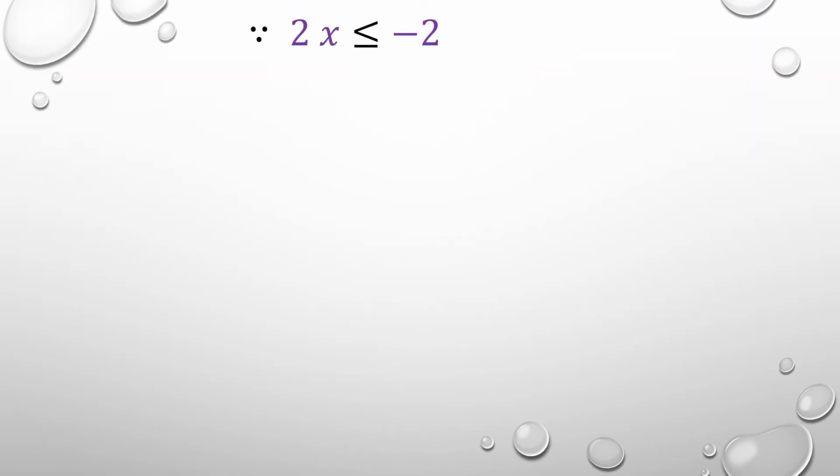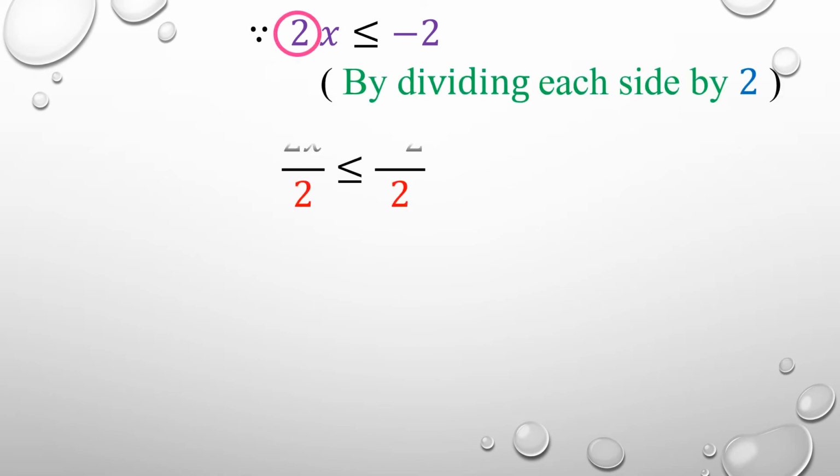Since 2x is less than or equal to negative 2, here we get rid of 2 times x by dividing both sides by 2. So the answer will be 2x divided by 2 less than or equal to negative 2 divided by 2. And we cancel the 2 up and down here.